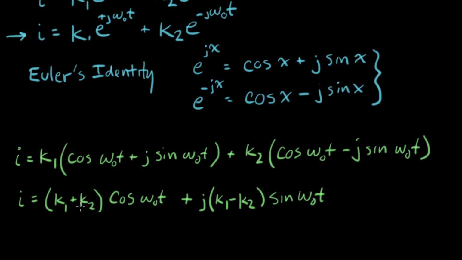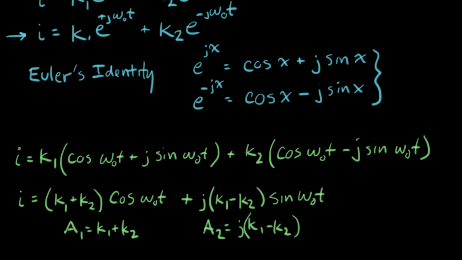Now these are two arbitrary constants, and I'm going to just make up another one. I'm going to call this one A1, and we'll call this one A2, and we'll call that, I'll use the j, k1 minus k2.